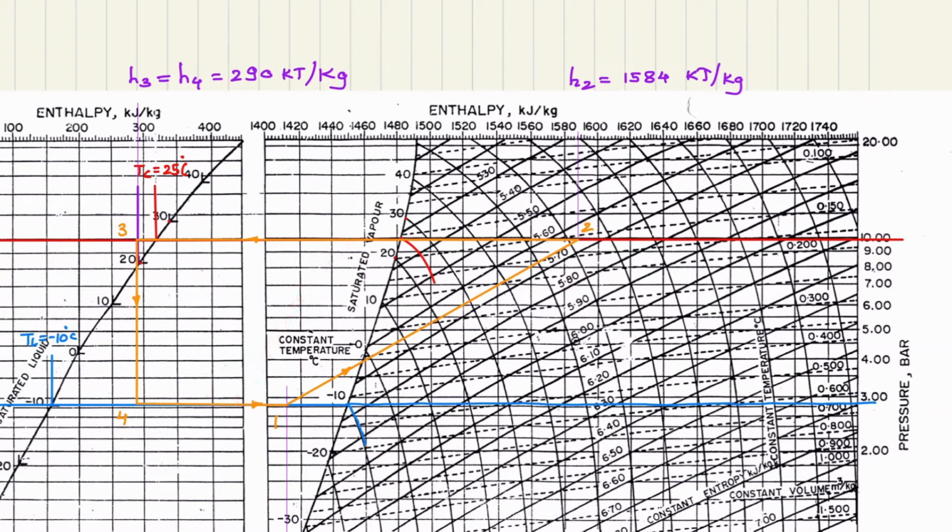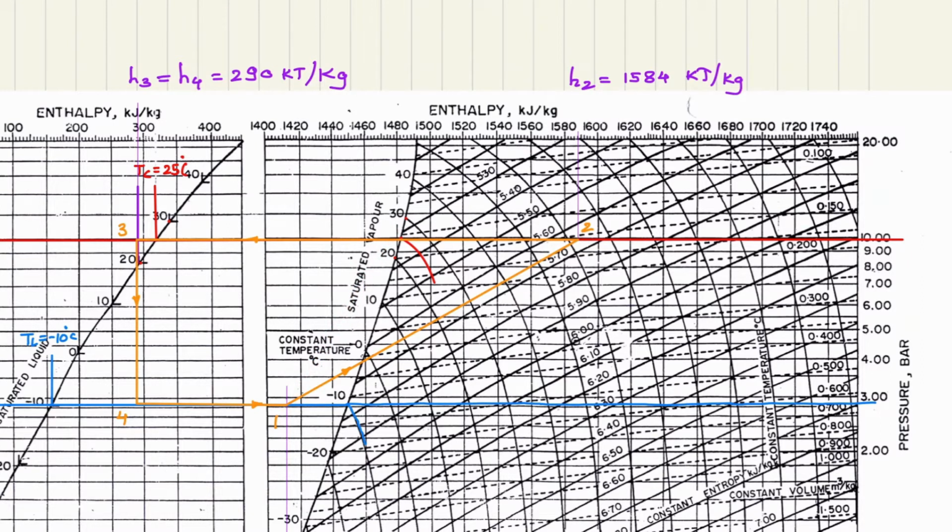So we cannot draw. Suppose point 1 is over here and point 2 is over here. It will be difficult for us to actually locate the isentropic curve. So this is possible if you are using the ASHRAE chart. The ASHRAE chart has a complete vapor dome, and inside this vapor dome you will even have dryness fraction curves as well as isentropic curves.